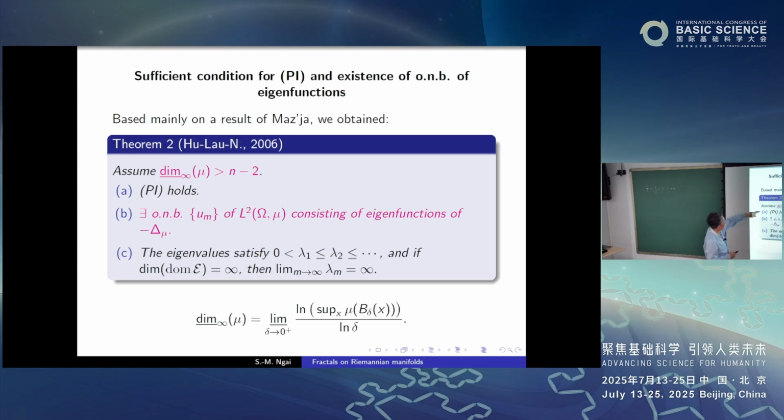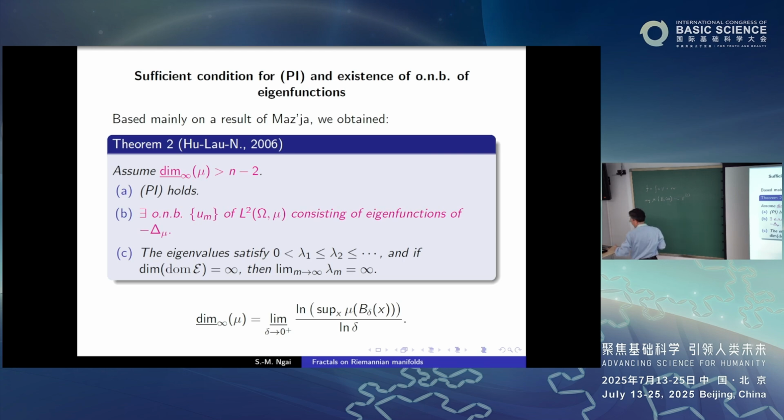This quantity, called the lower L infinity dimension, arises when we study multifractal properties of fractal measures, and it's defined as follows: the L infinity dimension is the limit of the log of the sup of mu of the ball of radius delta at x. You take the ball, you measure it, and you want to take the sup, so the heaviest point.